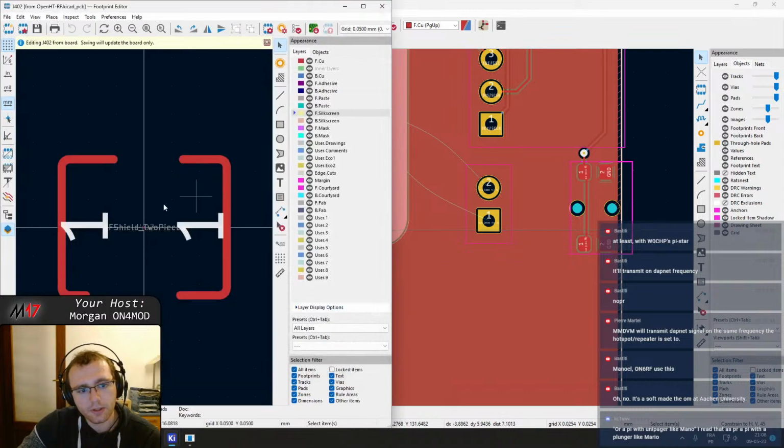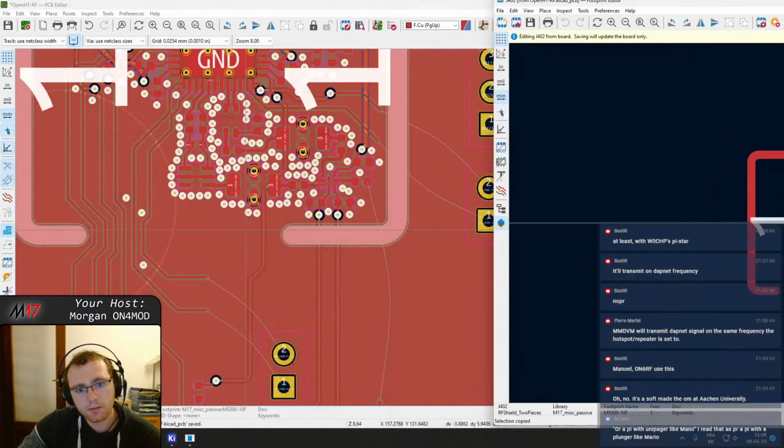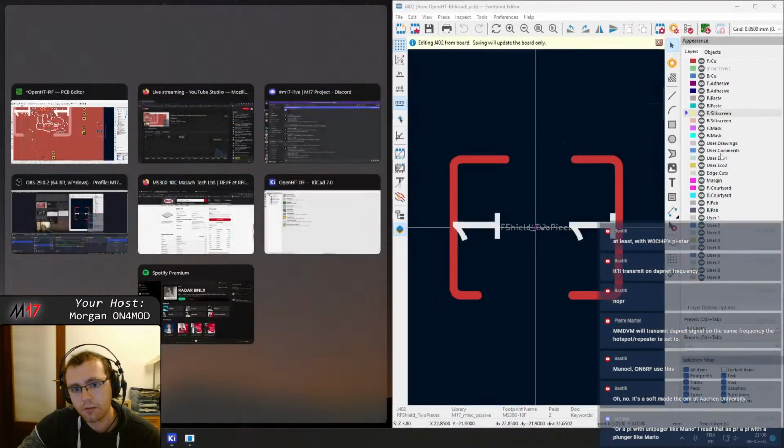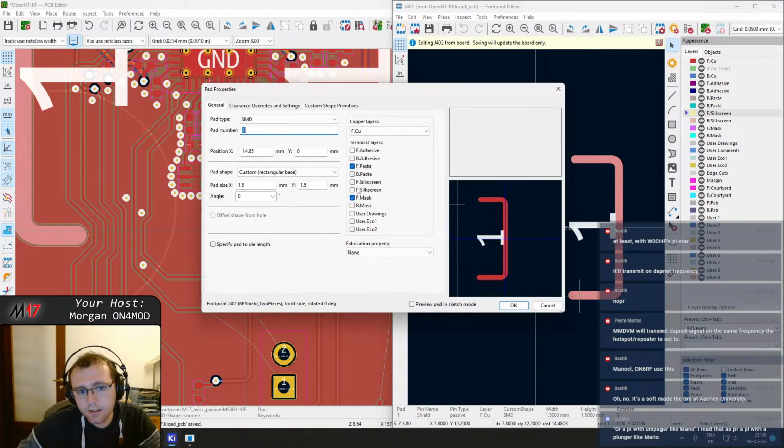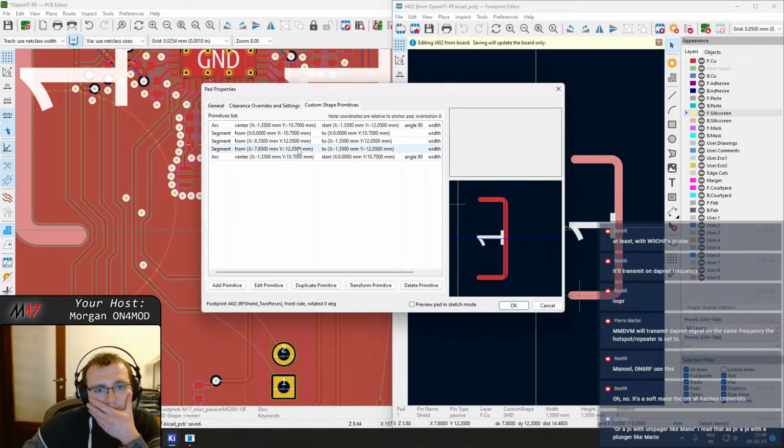Let's edit the footprints. And I think I'm gonna need to add a third pad, will I? So let's first finish the hole in the opening in the bottom.